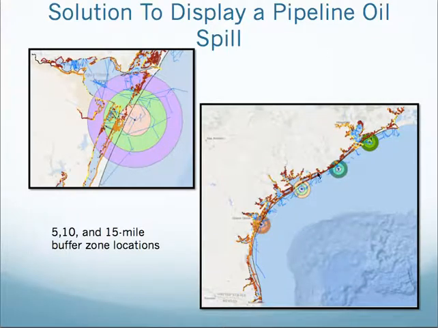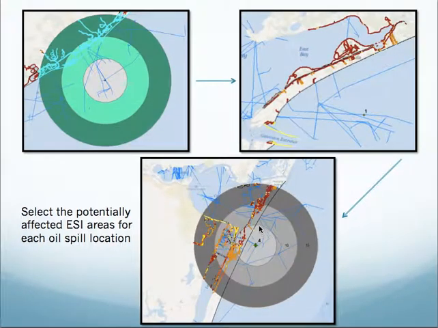I did that for all 4 points. To do this, I created the multiple ring buffer, selected what environments would be affected and included, selected them out, created another layer based on this, and then included it with my buffer and oil spill point.